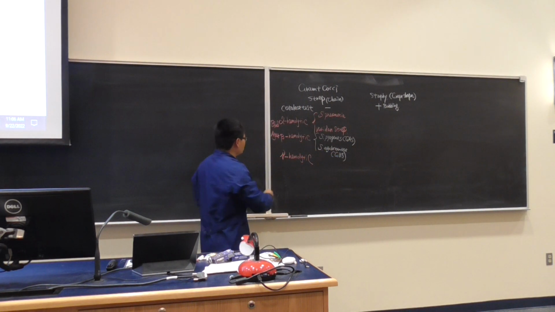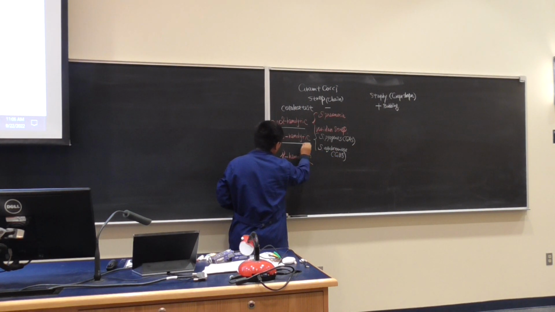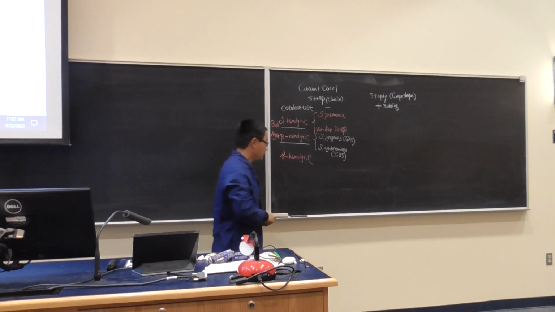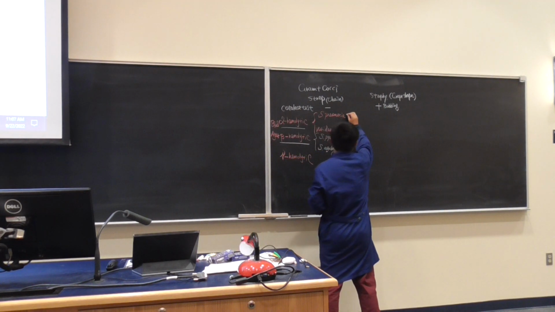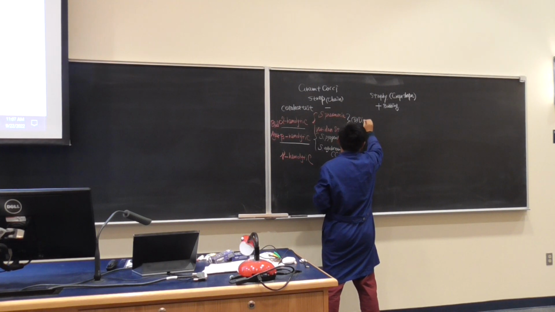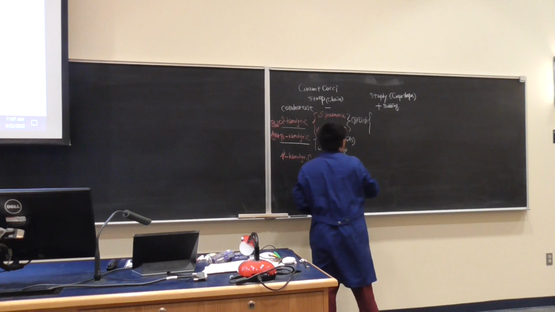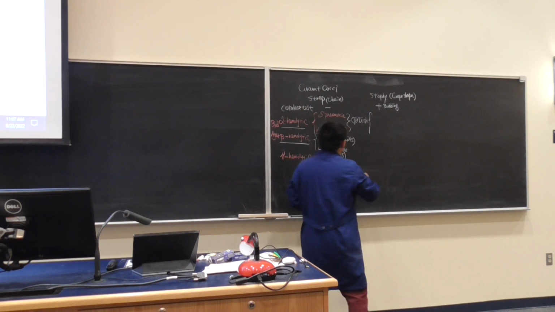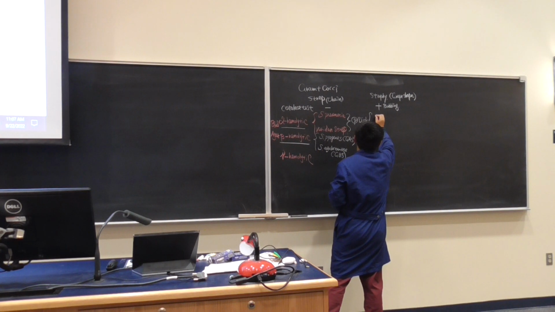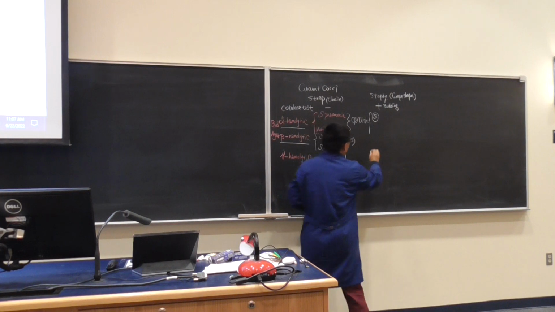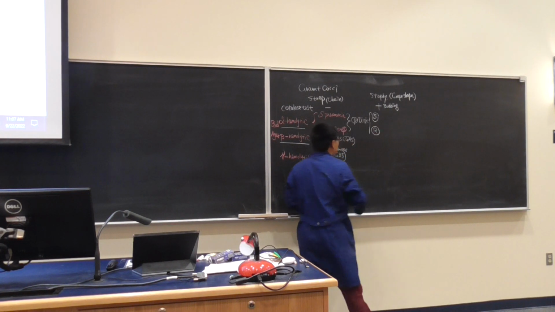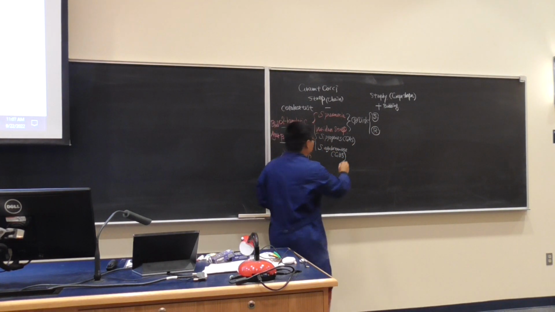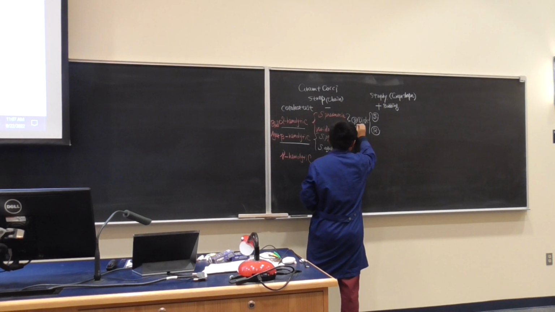Now, since they're all alpha hemolytic and beta hemolytic, how do we differentiate them? Remember, to differentiate here we use what we call a P disc. With the P disc, we separate them into two. Streptococcus pneumoniae is susceptible, so we write S, and the Viridans streptococcus is resistant. The major component of a P disc is optochin.